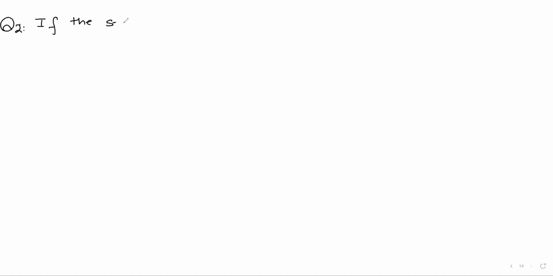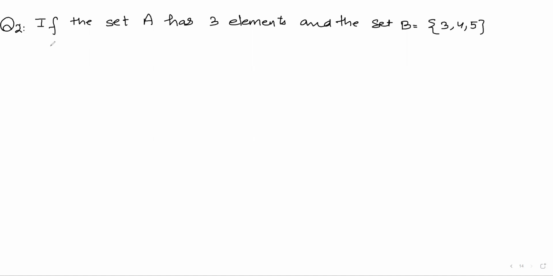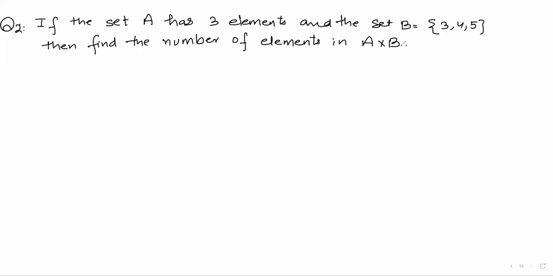If the set A has 3 elements and the set B is equal to 3, 4, 5, then find the number of elements in A cross B. 9.